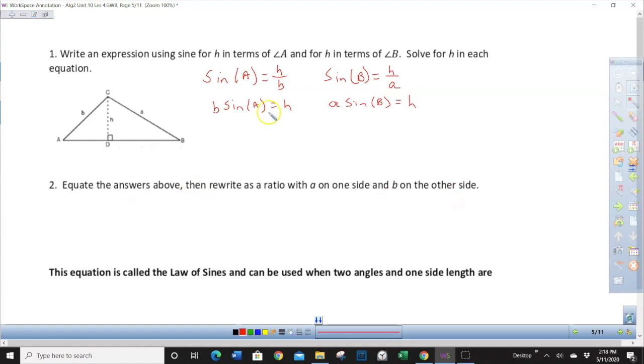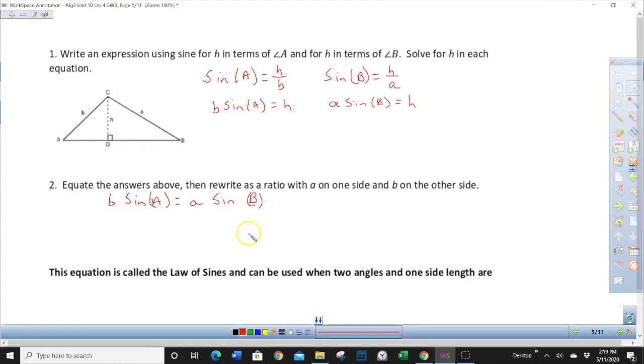Because this is equal to H and this is equal to H, I can say B sine A equals A sine B.